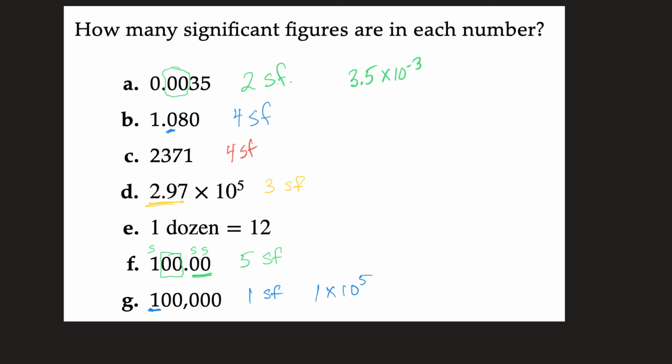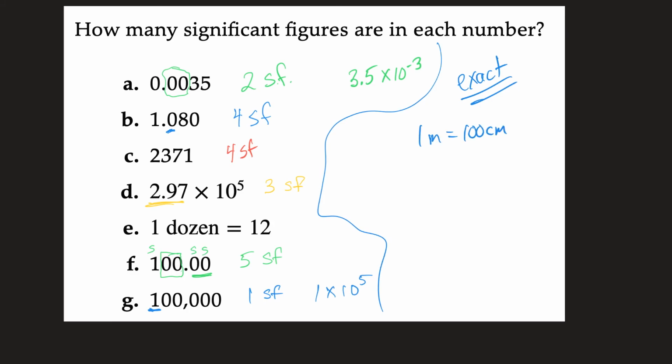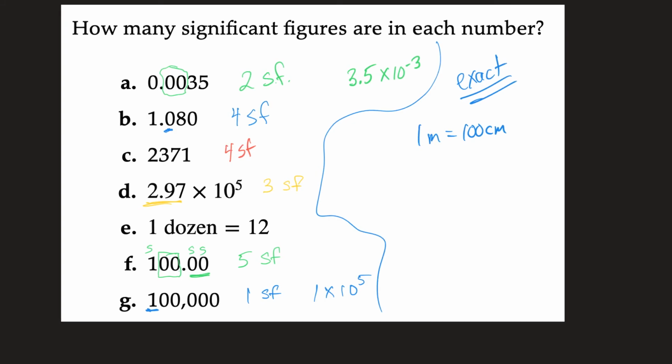And then back to E. There are some measurements or numbers that are exact. Exact things are like 1 meter equals 100 centimeters. Exactly 1 meter equals exactly 100 centimeters. It's kind of by definition.